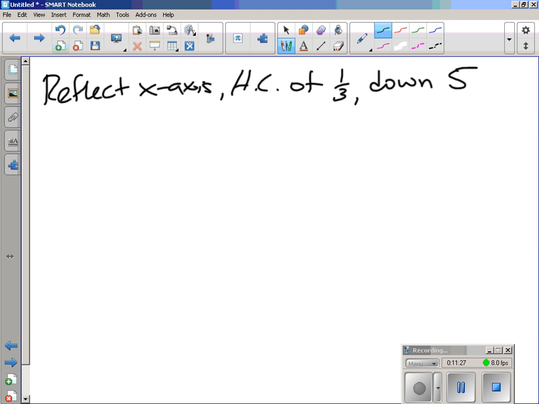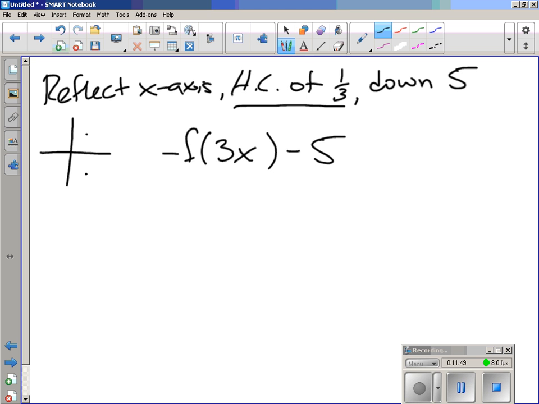Well, reflection across the x-axis, remember that's a vertical transformation, so that goes out in front. Horizontal compression of 3, horizontal, so it's going to go inside and it's going to lie. So compression of 1/3, we actually flip that over and turn that into 3. And then down 5, minus 5.